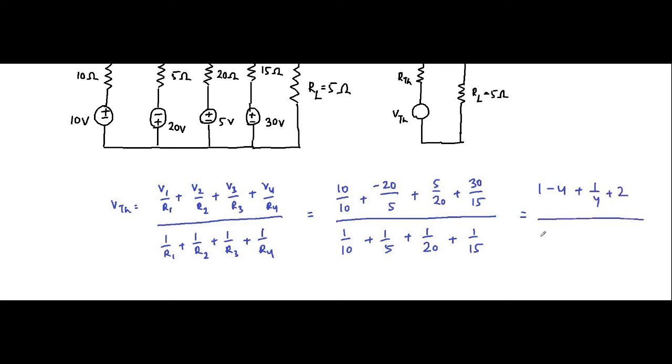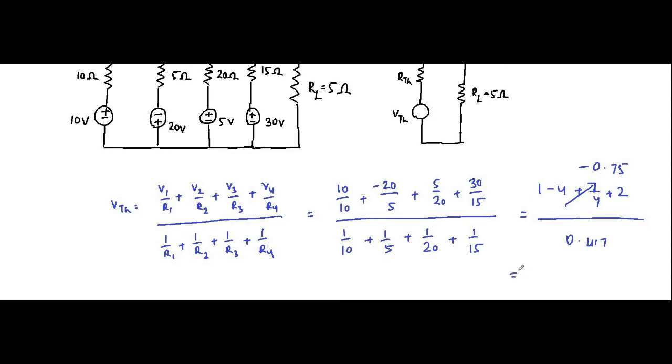Let us directly calculate it. The denominator is coming around 0.417, and the numerator will be 3 minus 4 minus 1 plus 1 by 4 is 0.25, so it is minus 0.75.